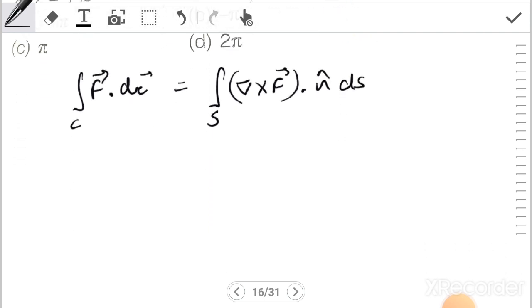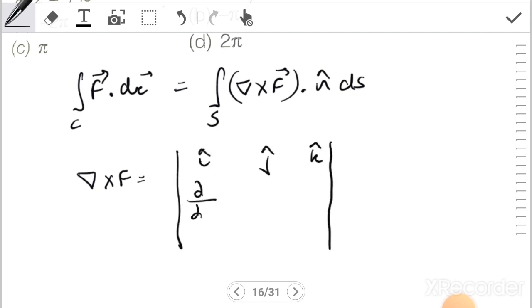So let us find out the curl of f. i cap, j cap, k cap, del by del x, del by del y, del by del z, yz, 0 and 0.